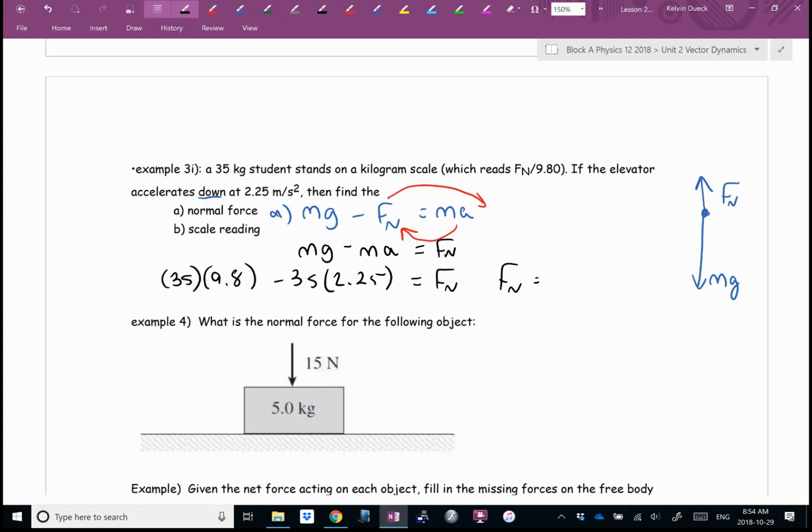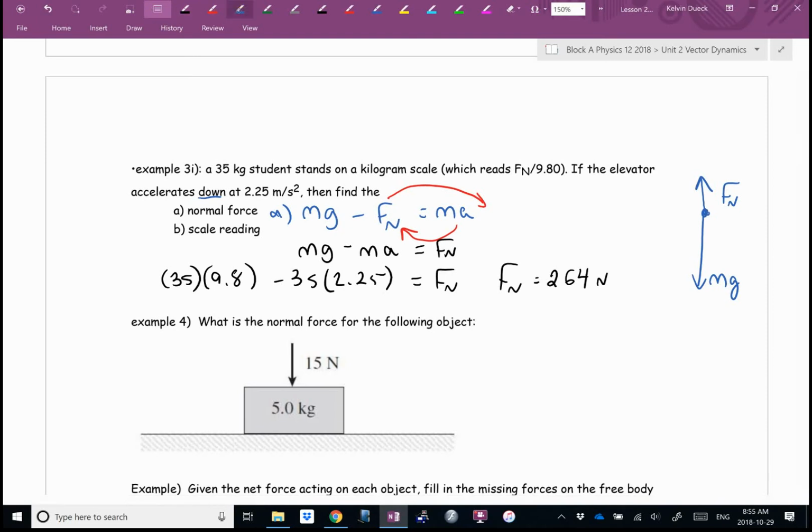Maddie, what'd you get? It's going to be around 350, take away 70. I think it's going to be in the 200s. 264? Yeah, have some confidence, girl. What is it? All right, to 3 sig figs, 264 newtons.